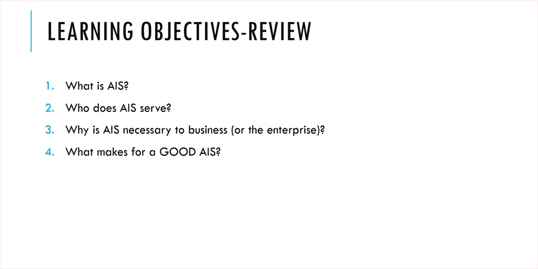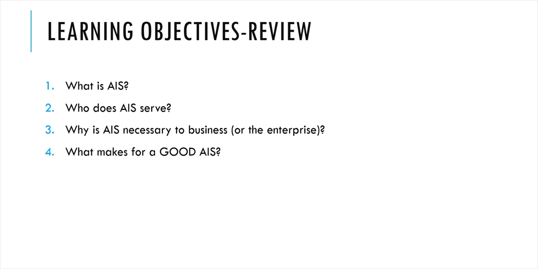You see that it has an IT dimension to it. That today it involves databases. You see that it involves transactions. You see that it is so important to a business's profitability and existence, because if you don't have an AIS, you can't have transactions.